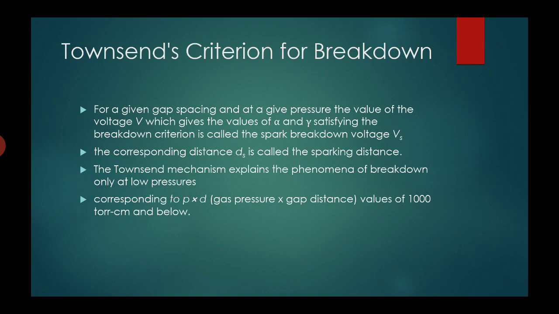That means the Townsend mechanism is only applicable for this pressure and distance. The product of pressure and distance should be less than 1000 torr centimeter, for which the Townsend breakdown criteria is applicable.